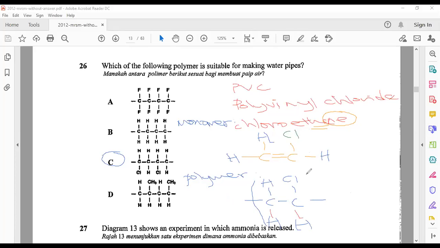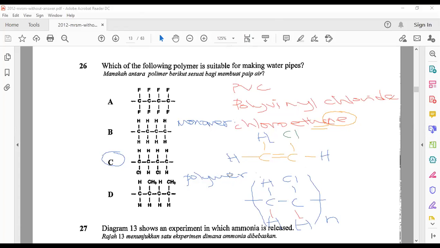Because you want to put a bracket with an N there. Okay, so this is our structure of the monomer and the polymer. So this is the monomer and this is the polymer. I hope you get this.